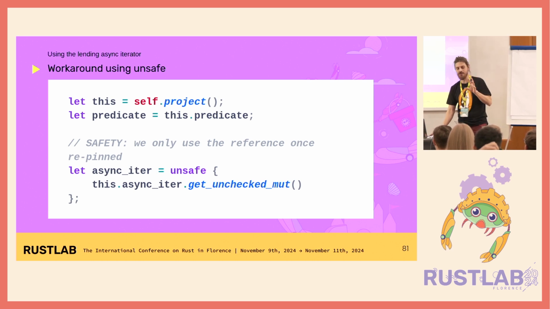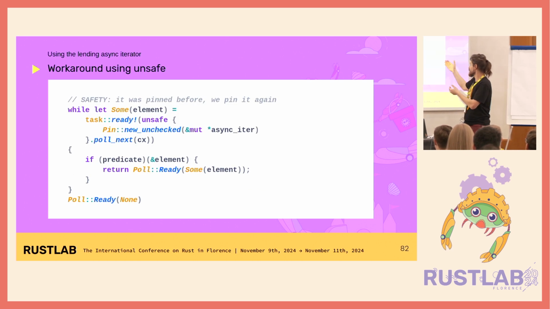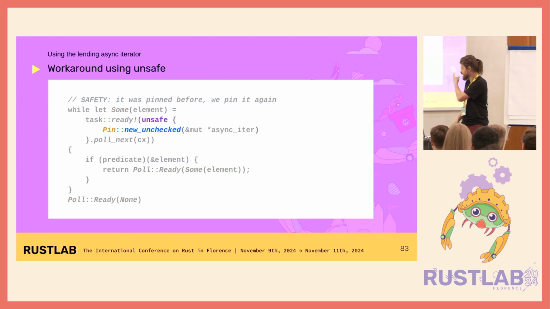We just need to remember that, okay? And so at this point, we can rewrite our implementation using Pin::new_unchecked, which takes, and this is the magic, the reborrowed version of the async iter.